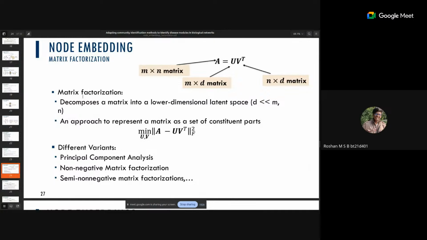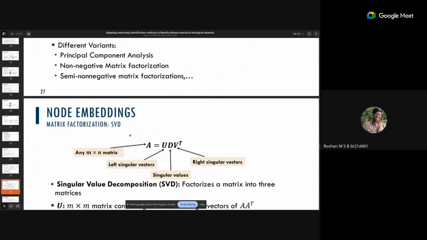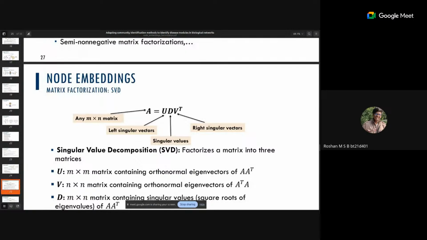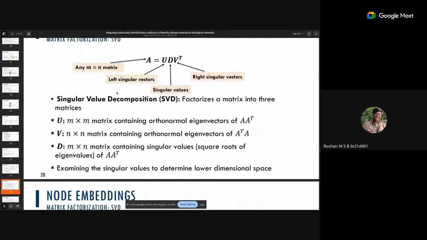Matrix factorization is an approach where you split a certain matrix into two or three lower dimensional matrices. The first thing that we can look at is singular value decomposition, where you split matrix A into three smaller matrices: U, D, and V.